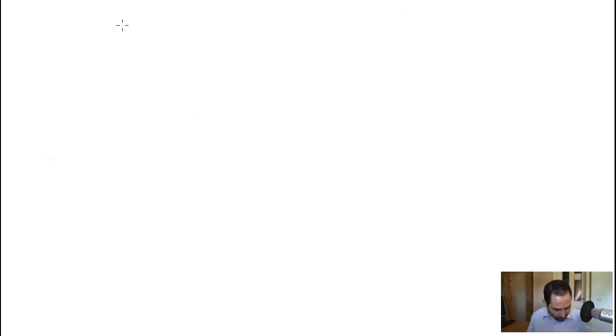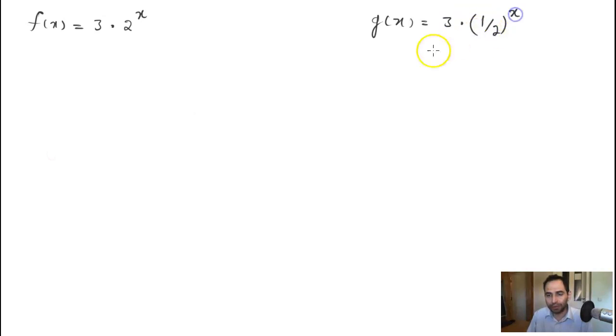Basically, let's have two examples. Let's suppose that f of x is equal to 3 times 2 raised to the power x, and g of x is equal to 3 times one half raised to the power x.